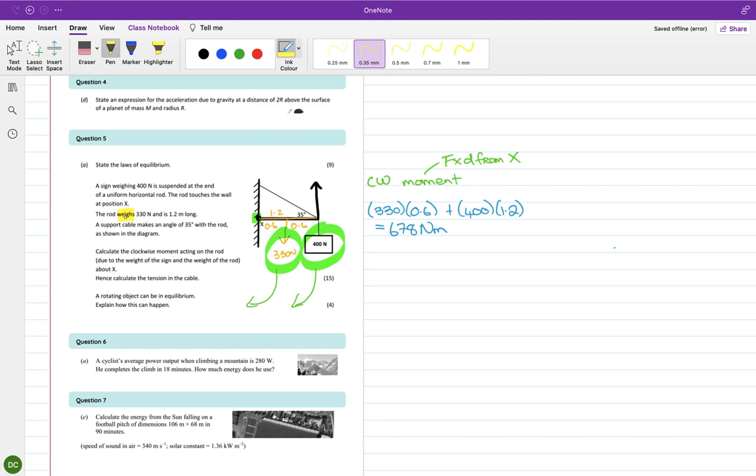Anti-clockwise moment needs to balance out the clockwise moment, yeah? So the overall anti-clockwise moment must be 678 newton meters as well, and that way they'll cancel each other out. Yeah? So, I don't want the moment though, I want the force.